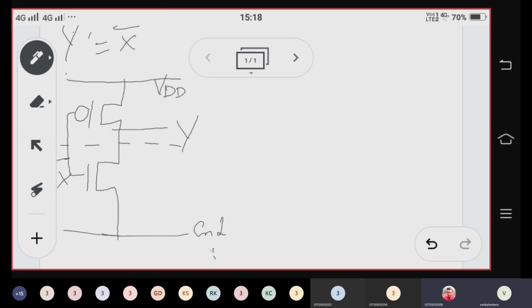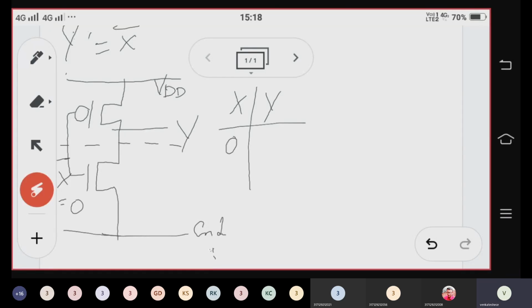Now let us consider initially I am giving X equal to 0. Whenever I am giving input X equal to 0, this 0 is given to the PMOS transistor as well as to the NMOS transistor. When 0 is given to the PMOS transistor, the PMOS transistor is in on condition.